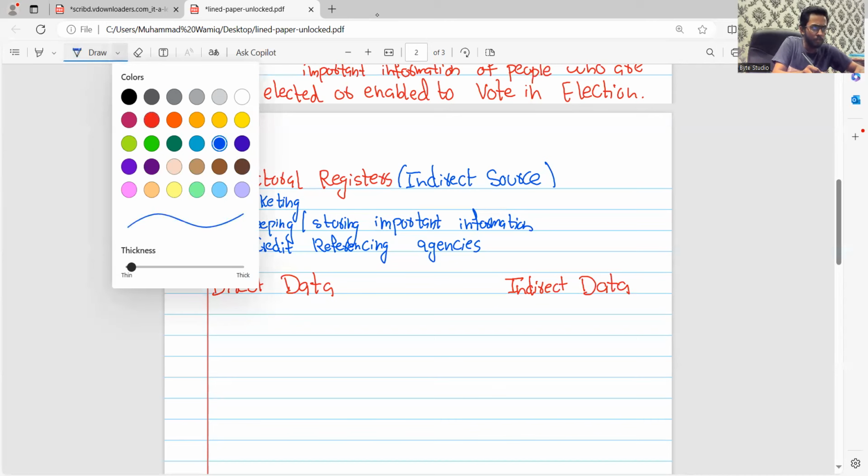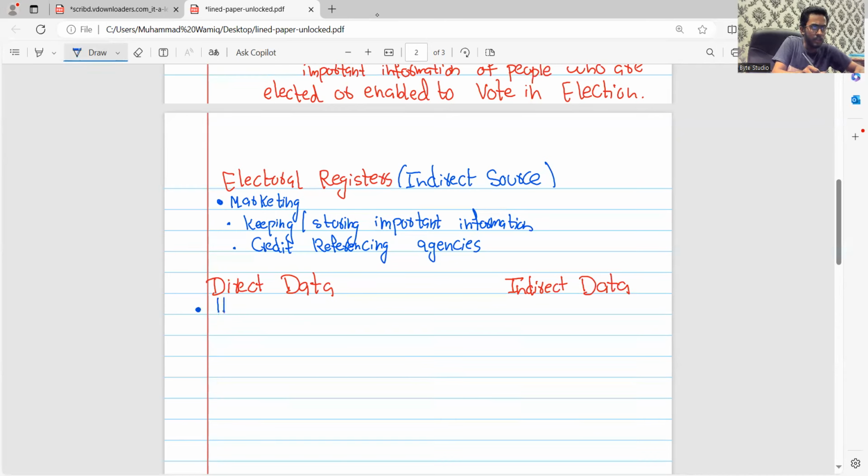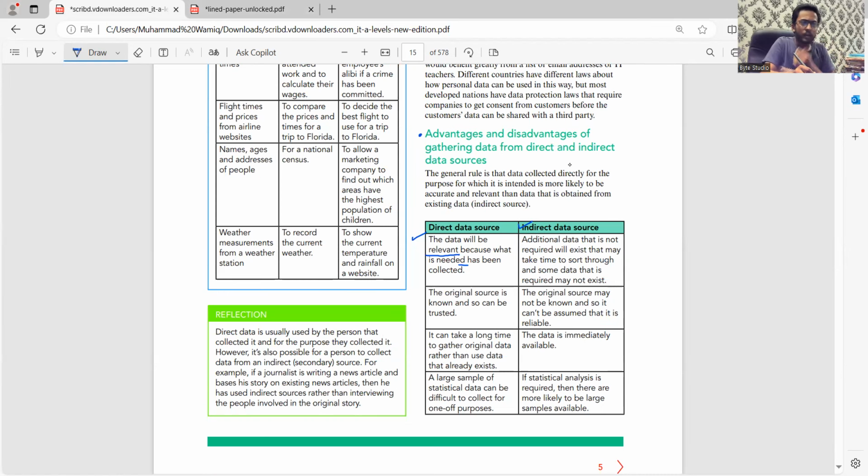One important point is that this data is highly accurate. This data is only for that intended purpose. The original source is known and trusted.